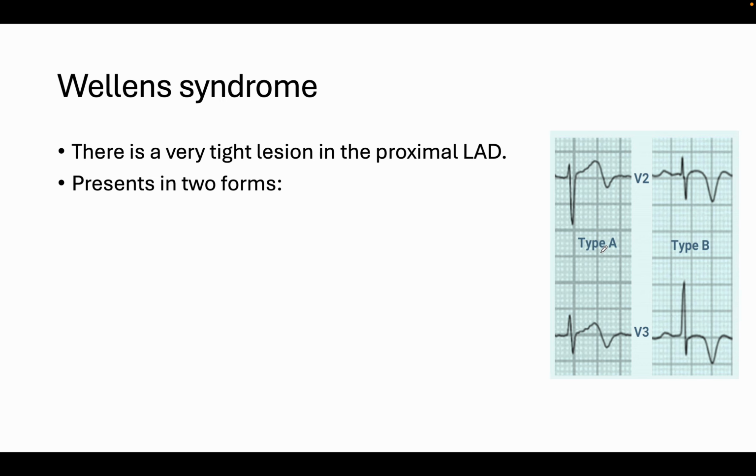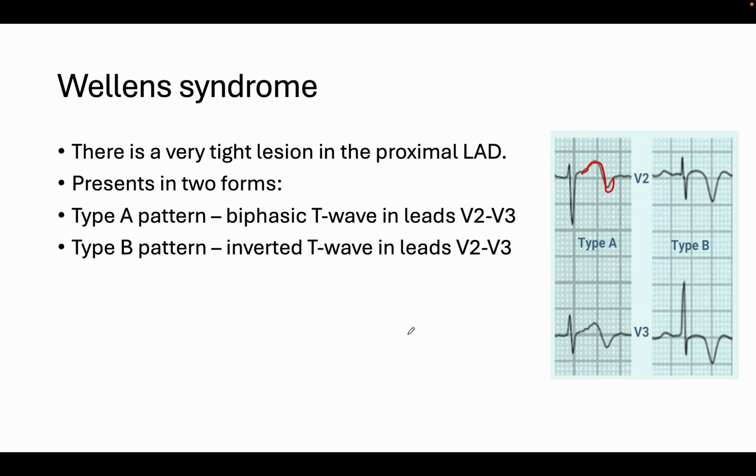So you get Wellens type A, which is this biphasic T wave, so it looks like a sine wave, or you can get a Wellens type B, which is this T wave inversion pattern. They predominantly occur in the ECG leads V2, V3 because they look at the anterior part of the heart.